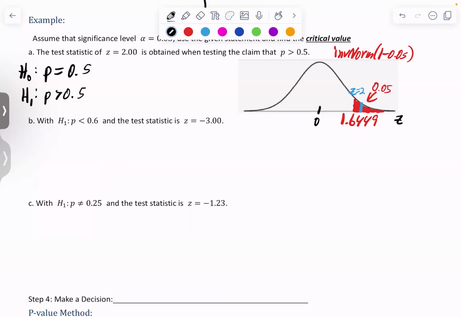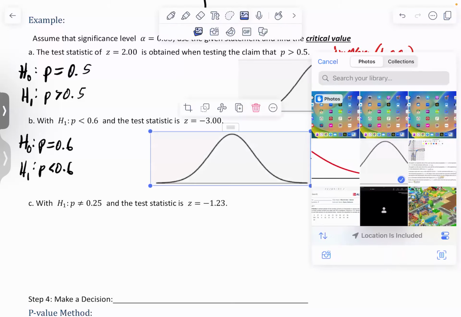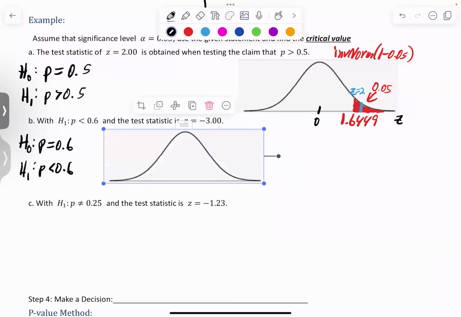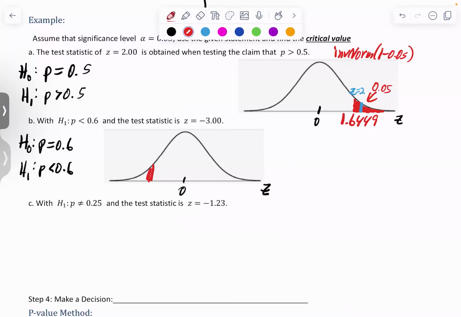All right, so let's do our null hypothesis. And so let's draw our picture again. This is less than, so our alpha is going to be over here. Because it's a left tail.